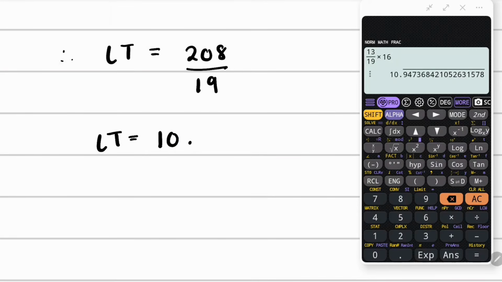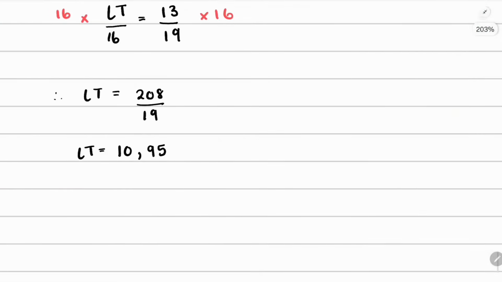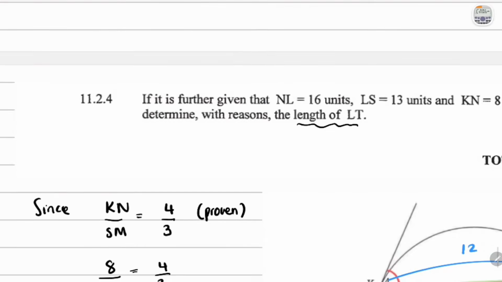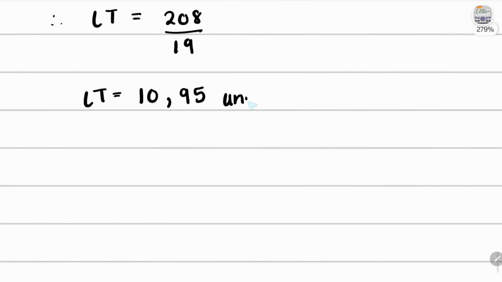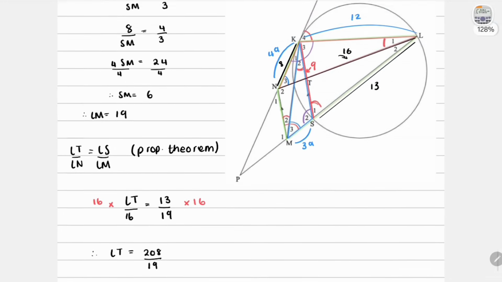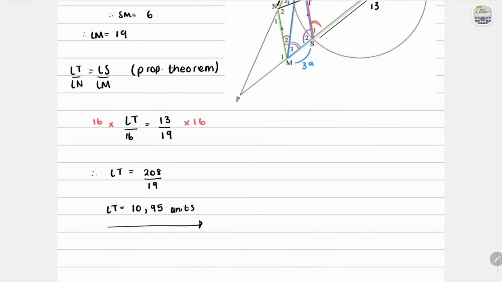So this is 10.95. The unit of measurement was just units, so it is 10.95 units, and that is our answer. And that is it for question 11.